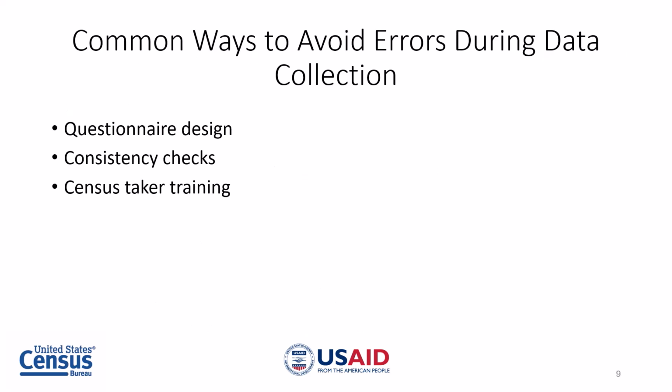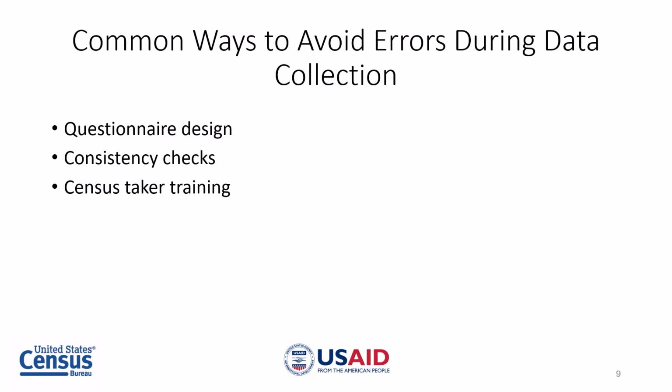Some common ways to avoid errors during data collection for the fertility questions are questionnaire design, making sure that the questions are asked to all women who are supposed to be asked the questions. Adding some simple consistency checks in the questionnaire may also help avoid errors, such as making sure that the number of boys ever born and number of girls ever born add up to the total number of children ever born.